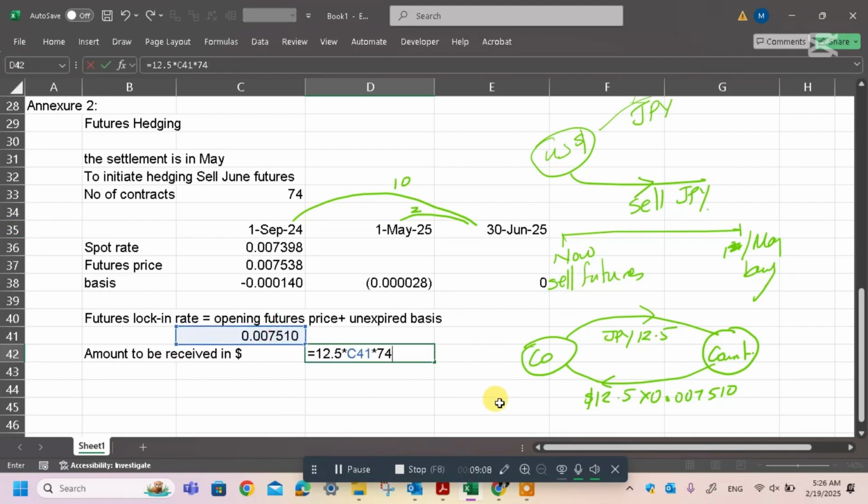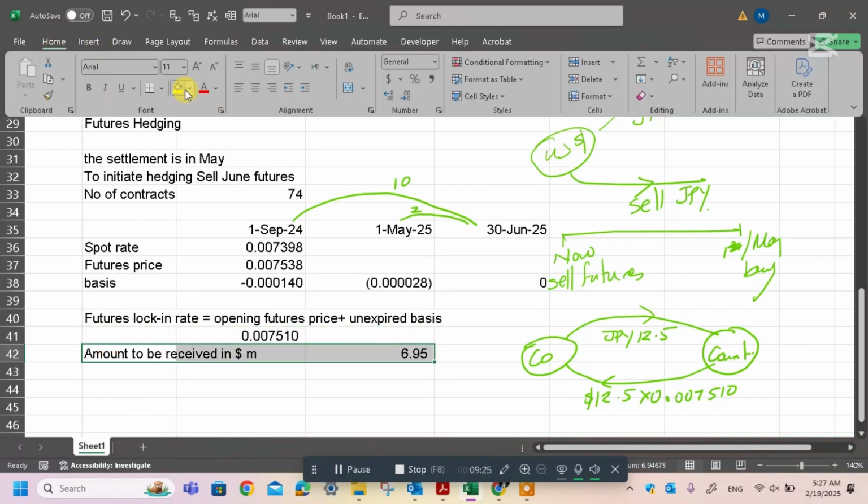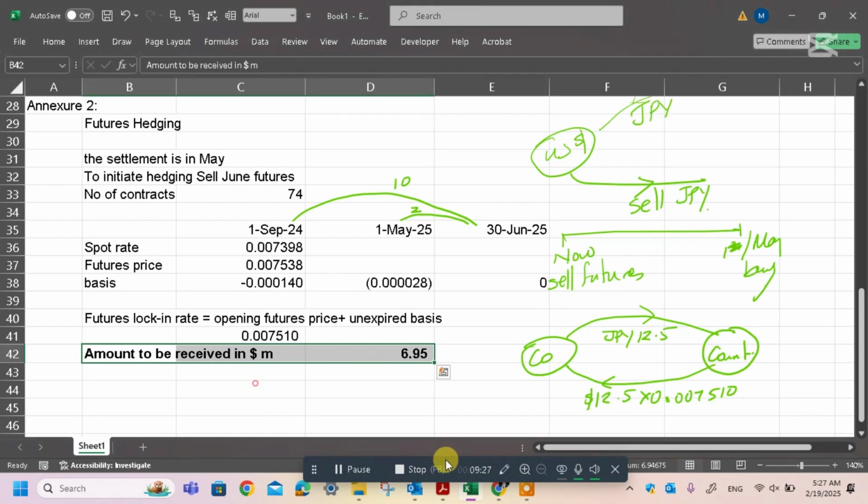You have 74 such contracts. So effectively you are going to receive $6.95 million. That will be the final outcome by futures.